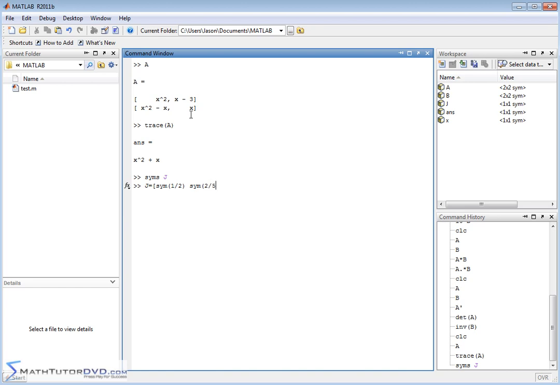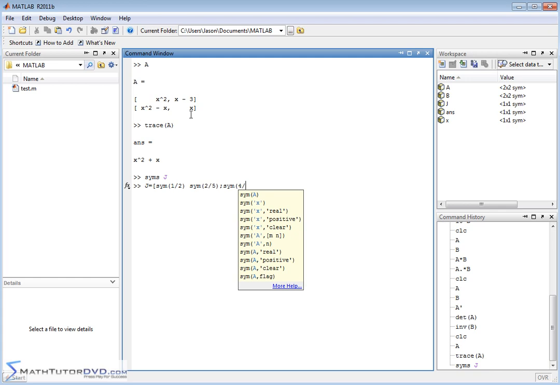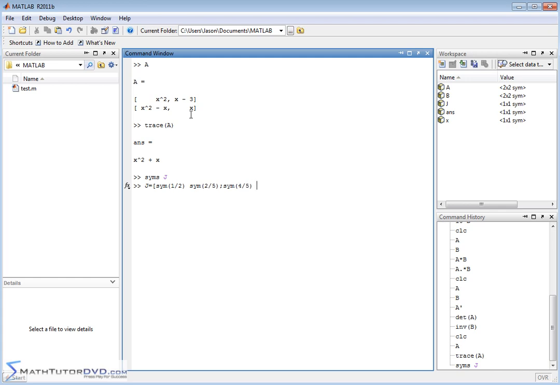And then the next row, I'm going to have a symbol 4/5, and then another symbol, let's just put 1/2 back in there. So you see, now I've created a matrix with numbers. The only difference is I wrapped everything in symbols, so MATLAB knows that these are now symbols. So I have 1/2, 2/5, 4/5, and 1/2.